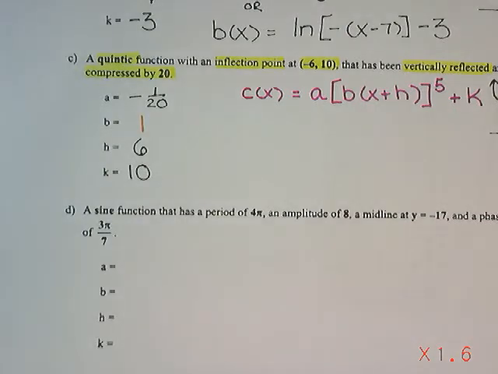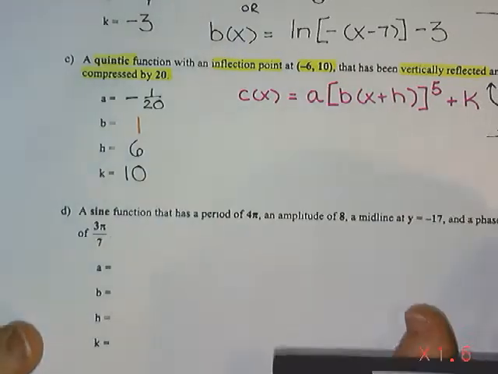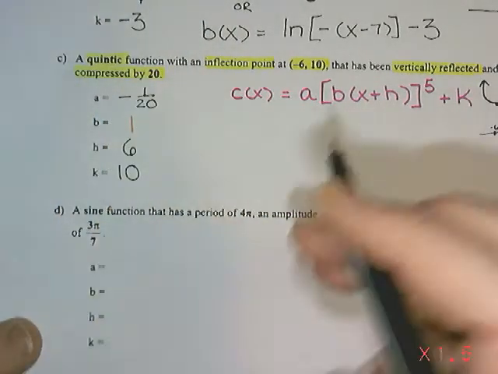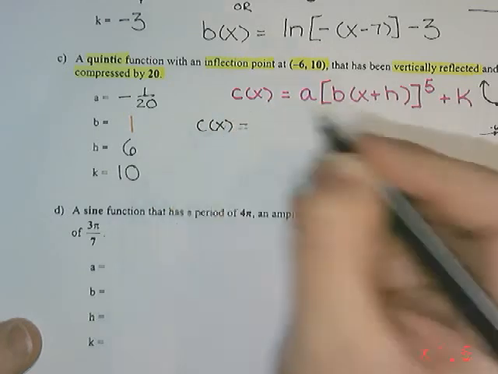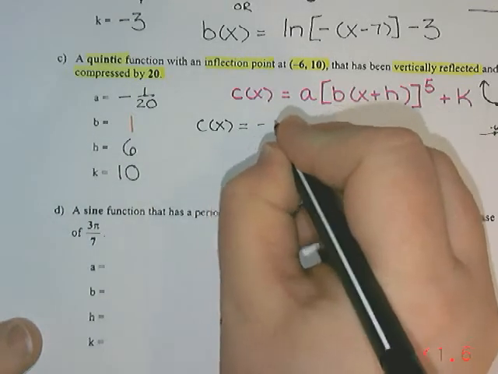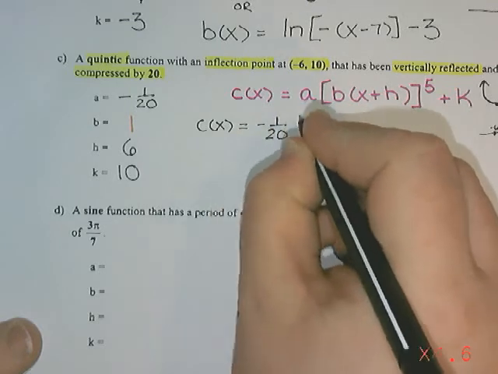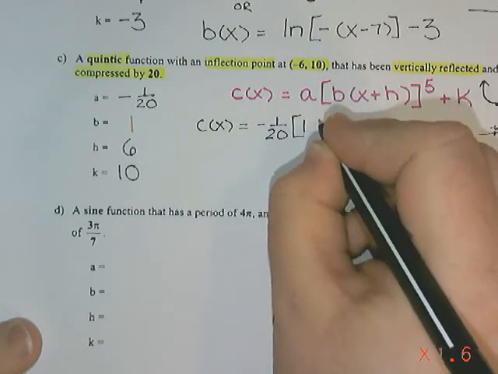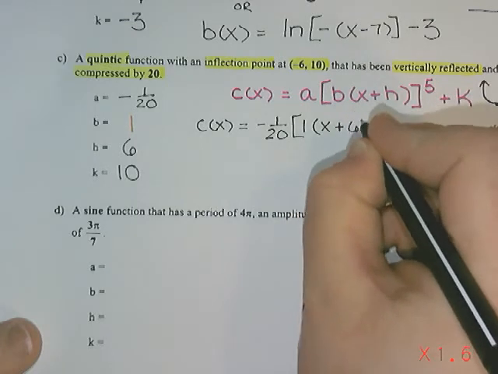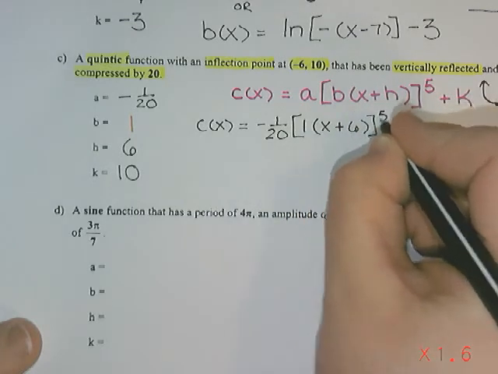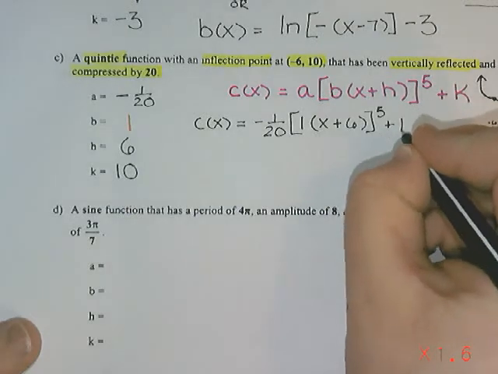Okay, so if I go to write my equation, there's 2 ways to do it. One where I use all of the numbers. So I could say c of x equals a, so -1/20, times b, which is 1, times x plus h, so plus 6, and then to the power of 5 plus 10.